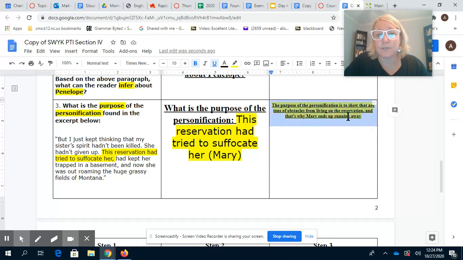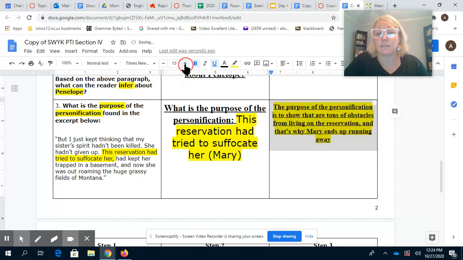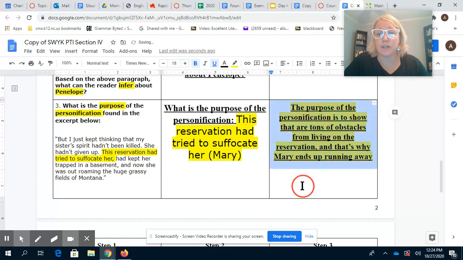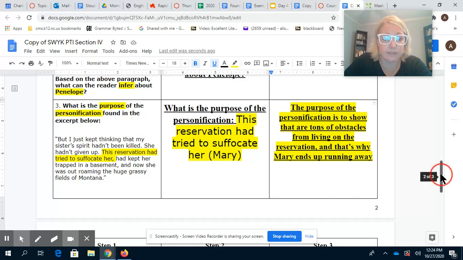I still don't think that was a great decision, Mary. Anyway, okay, so we've got our answer there. What is the purpose of that personification? If the reservation is literally killing her, that's negative, right? So it has a negative impact.